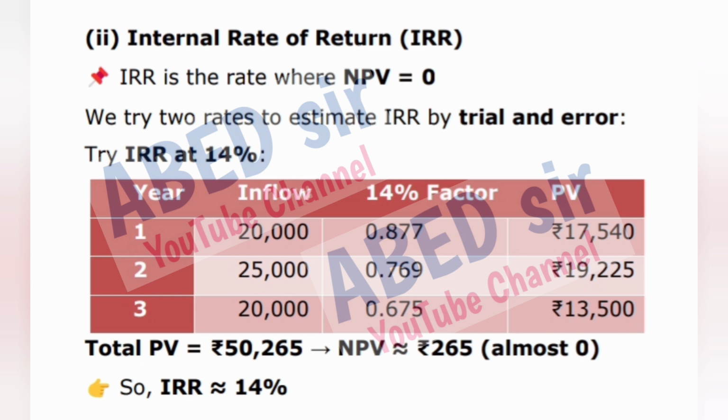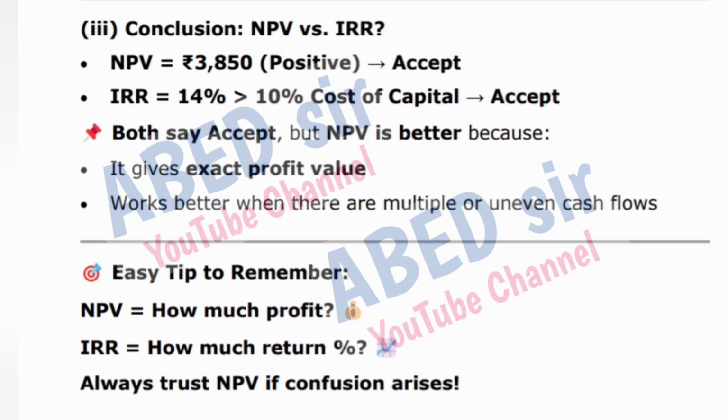Year 2: 25,000, factor 0.769, PV 19,225 rupees. Year 3: 20,000, factor 0.675, PV 13,500 rupees. Total PV is equal to 50,265 rupees, NPV 265 rupees, almost 0. So, IRR is about 14%.